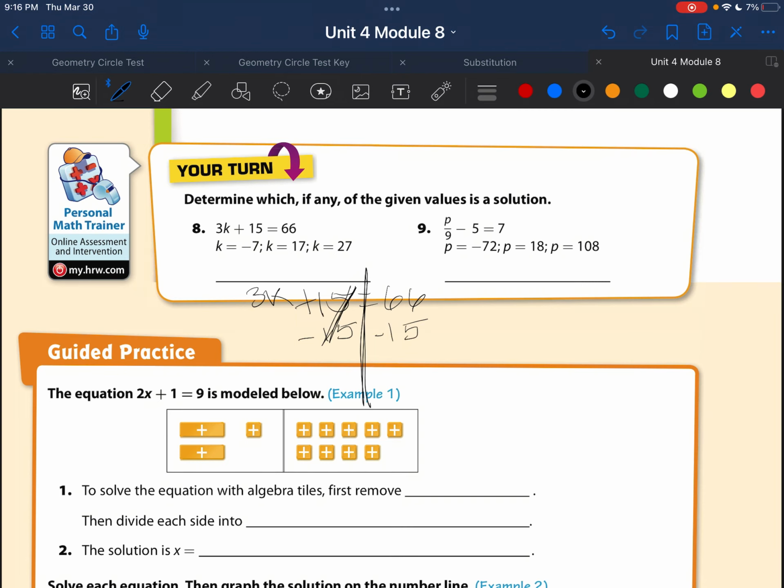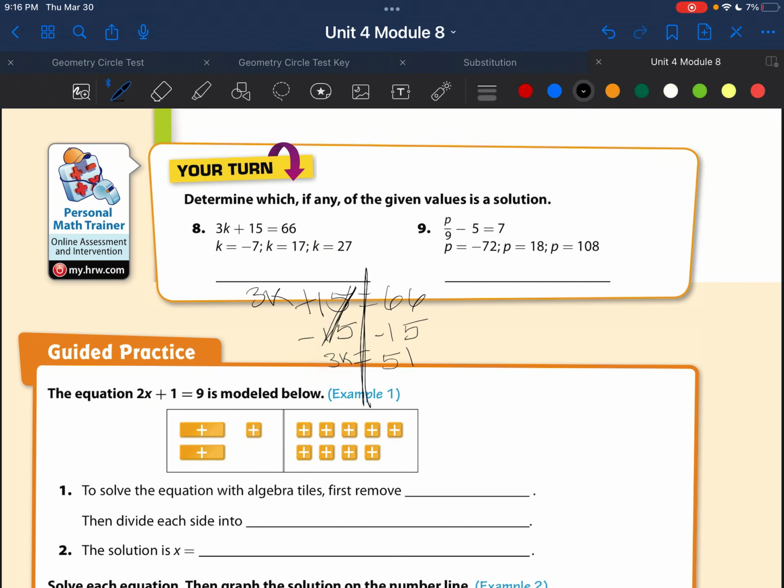Alright? That means those guys cancel out. And on this side, I'm left with 3K. Then I have 66 minus 15. That gives me 51. Now then, these are squished together.